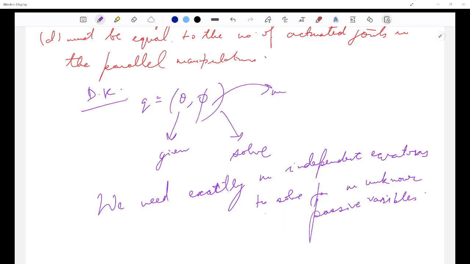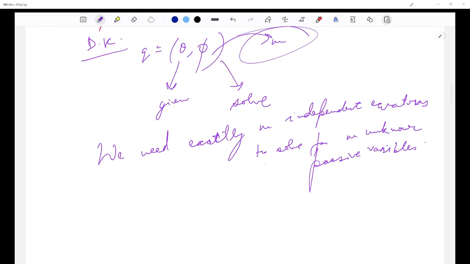We can reduce the number of passive variables. At the time of problem formulation itself, we decide how we are going to solve it. Express some passive variables in terms of others, and we also choose minimal coordinates, right? So if in our formulation we keep m passive variables, then we must have m independent constraint equations, right?